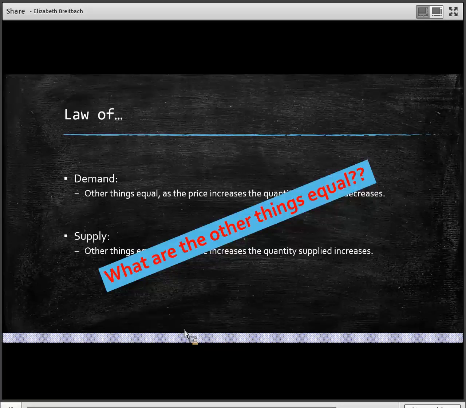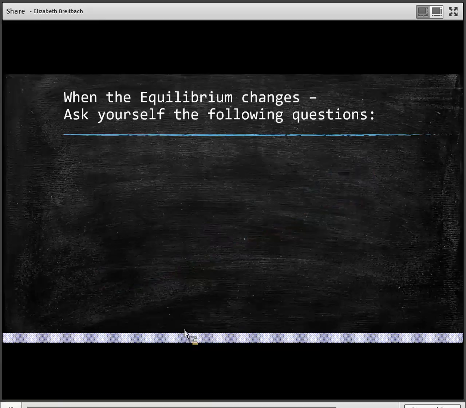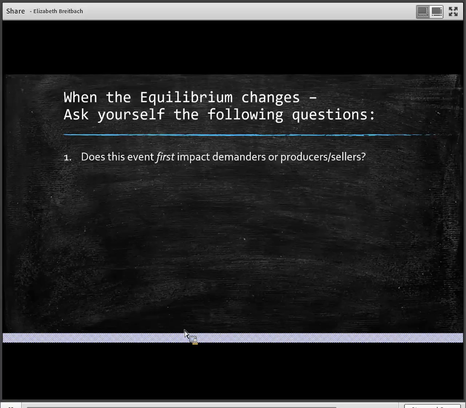All right, so when we have an event that's going to change the equilibrium, there are a few things that you have to ask yourself. The first thing is, does this event first impact demanders or the producers, the sellers of the product? It's really easy to second guess yourself here, so what I want you to do is really think about who this first impacts.